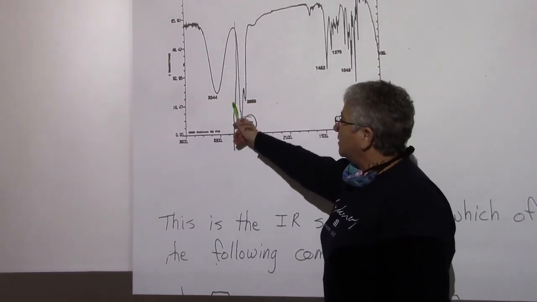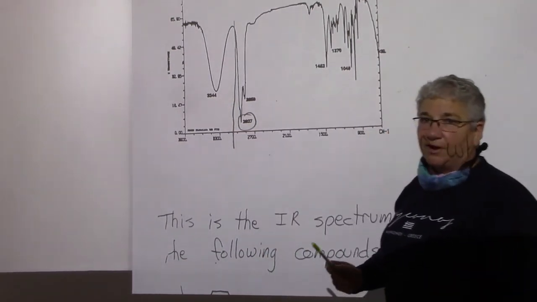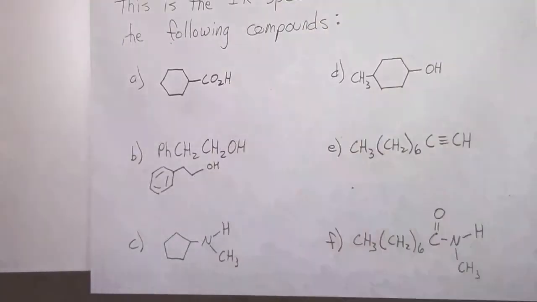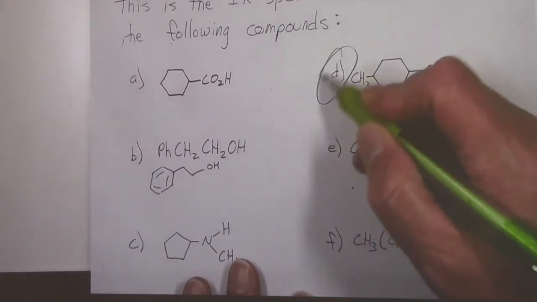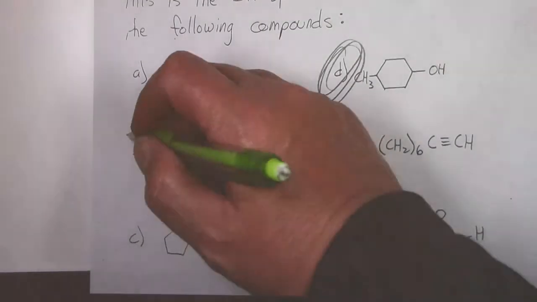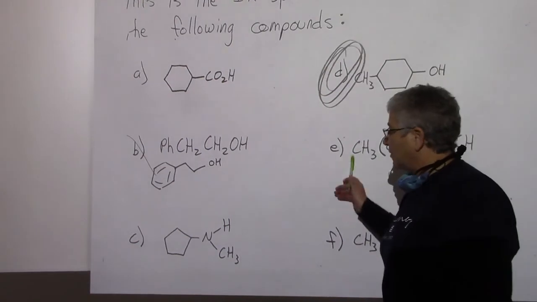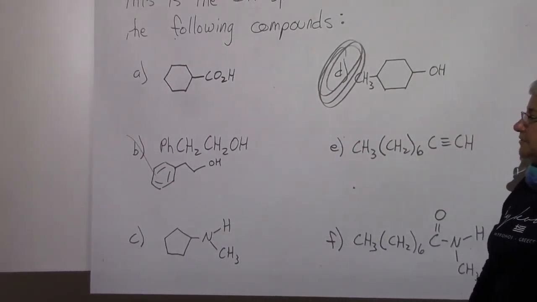I don't have anything from 3000 to 3100, so that means that my choice has to be D, and it cannot be B.